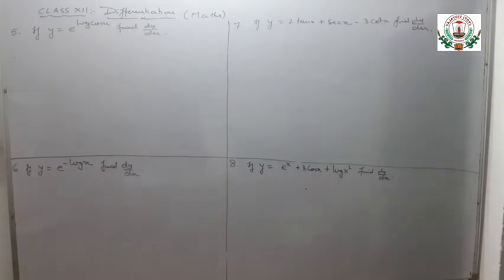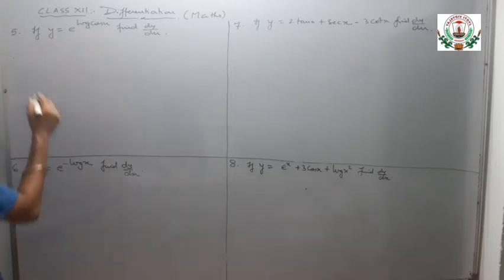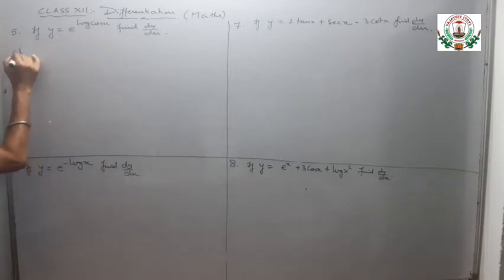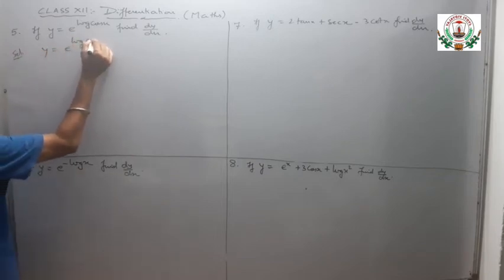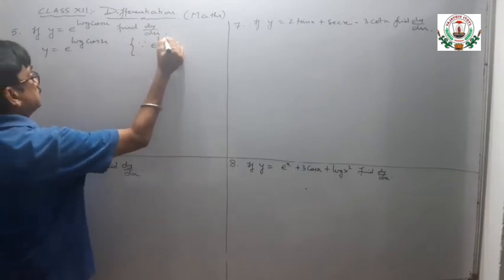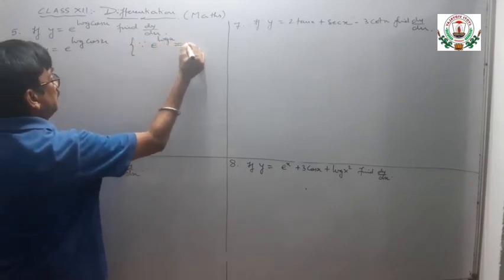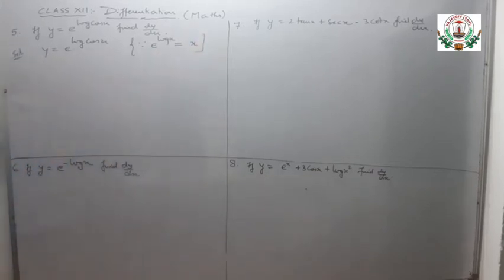Now the next question is, if y equals e to the power log cos x, find dy by dx. So solution, y equals e to the power log cos x. As we know, e to the power log x, studied in class 11, will be equal to x. So e to the power log x is equal to x.